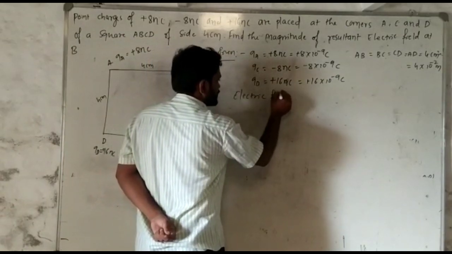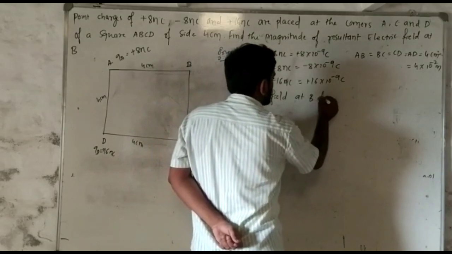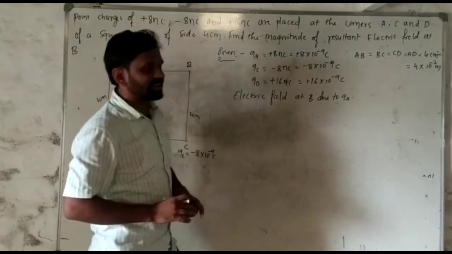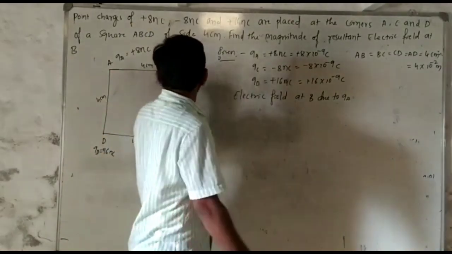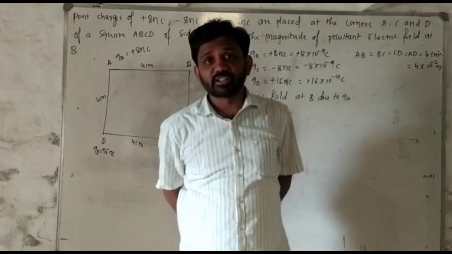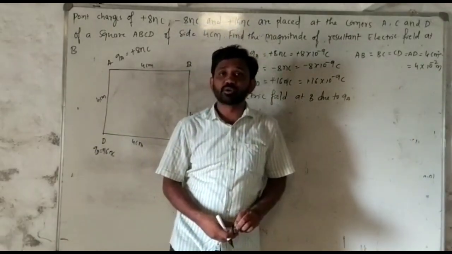Electric field at B due to QA. How can we find the electric field at point B due to QA? We know the formula: electric field due to a point charge, E is equal to 1 upon 4 pi epsilon naught Q divided by R square.